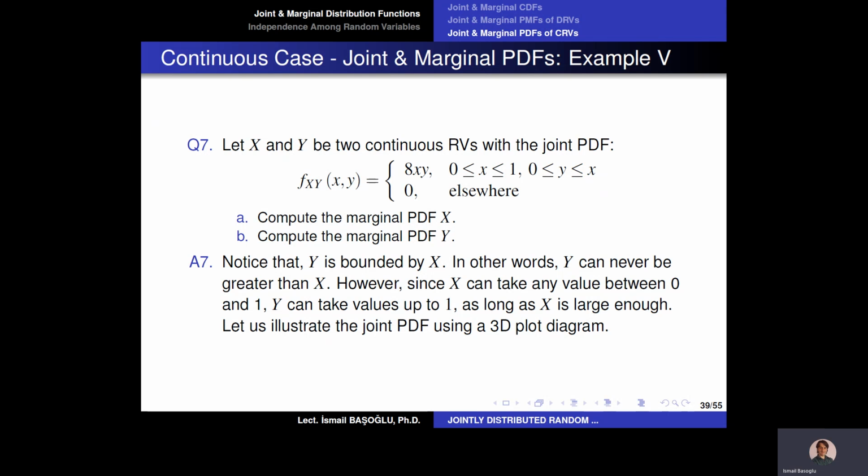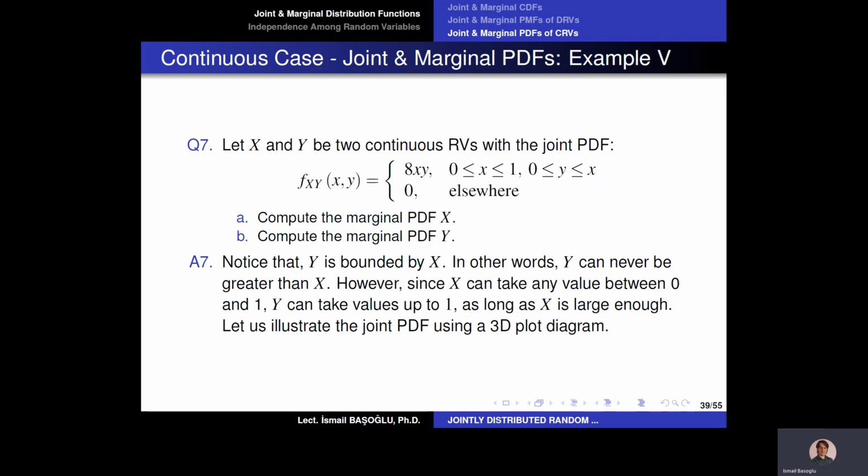All right, so in this question, it says we need to compute the marginal PDF of X and the marginal PDF of Y, and we are going to do that. Now you see the joint probability density function over this domain is equal to 8 times X times Y. So it's not a linear function this time because we are multiplying the two variables here.